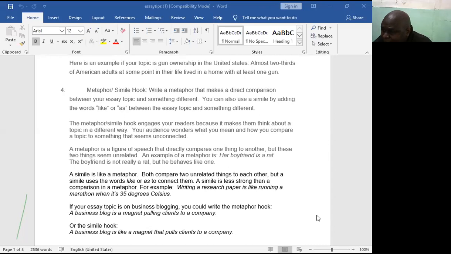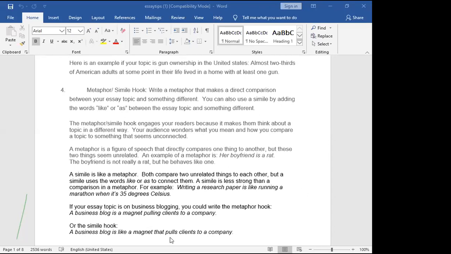Abdraman is a magnet, which means whatever Abdraman does, people are attracted to it. He is a businessman. Abdraman, I hope you are a businessman. So I can use a metaphor that Abdraman is a magnet. It attracts customers or potential buyers to his particular shop. So similarly, a business blog is like a magnet that pulls clients to a company.